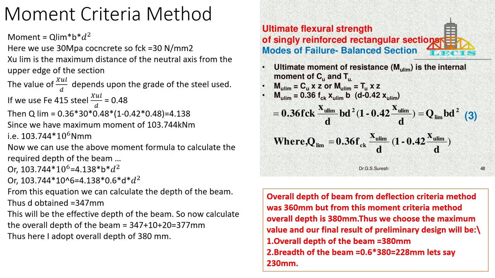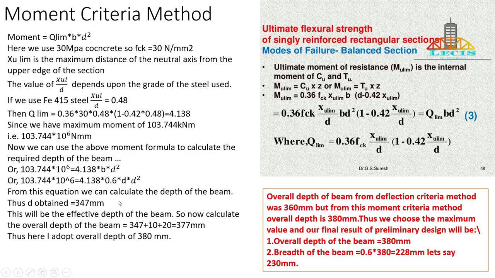The overall depth of the beam calculated from the deflection criteria method was 360 mm, but from this moment criteria method, the overall depth of the beam is 380 mm. Thus we choose the maximum value, and our final result of preliminary design will be the overall depth of the beam of 380 mm and the breadth of the beam of 0.6 times 380, that equals 228 mm. We convert it to the nearest 10, so that will be 230 mm.